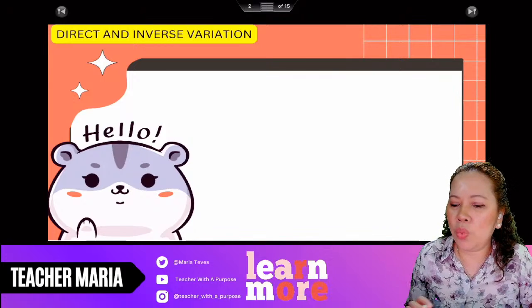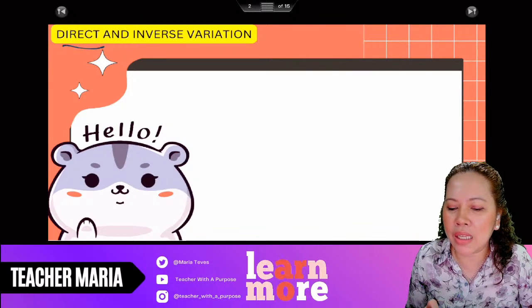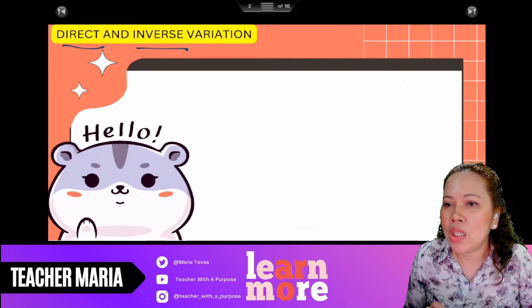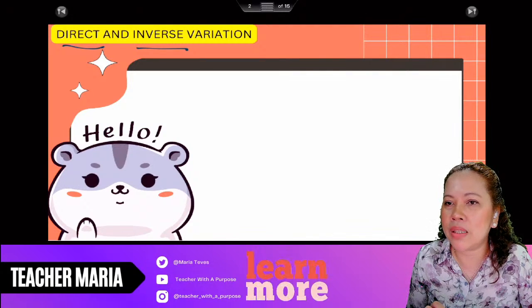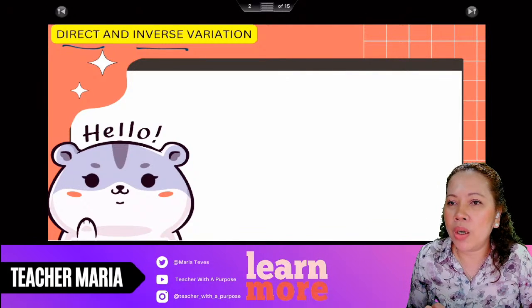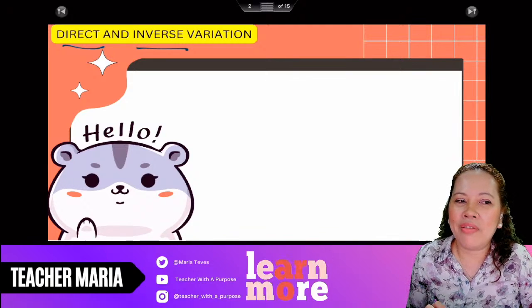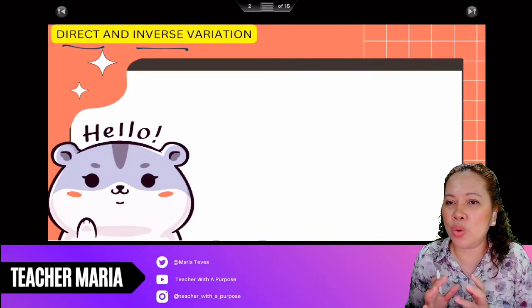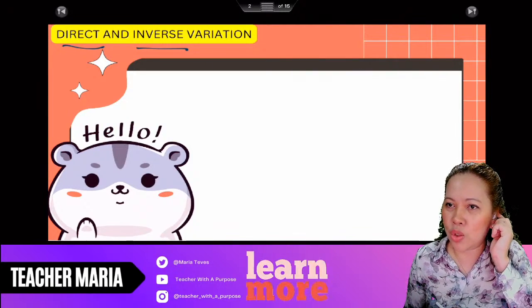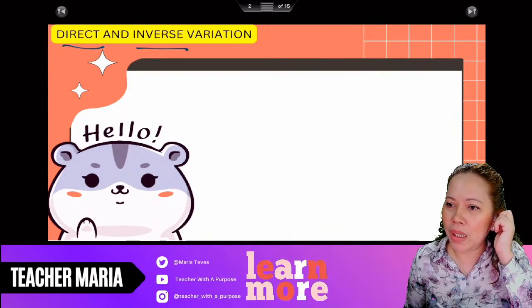All right, so we will start with direct and inverse variation. When we say direct and inverse variation, this is based on the word varies, from the word variation, meaning you will have a relationship between two things or two variables.